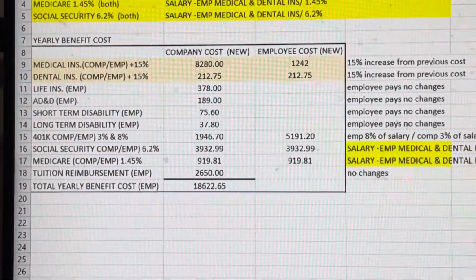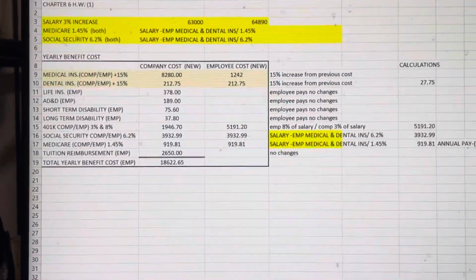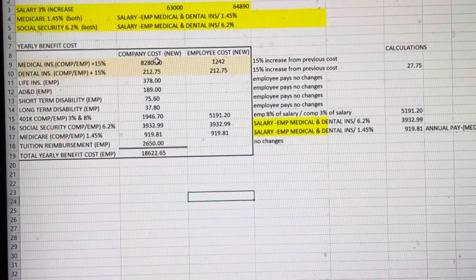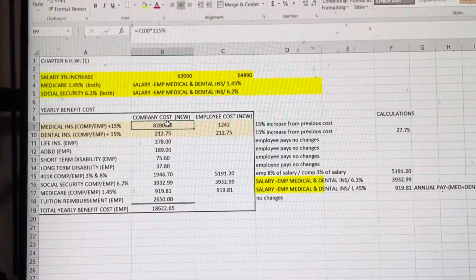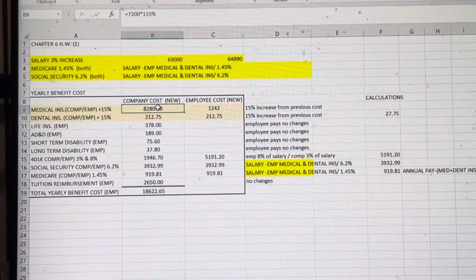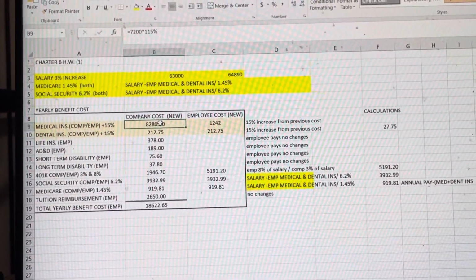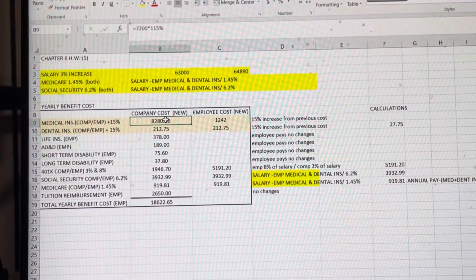So the answer for the company cost is showing above. You will get the answer by multiplying the 7,200 times 15%, because the increase is 15%.